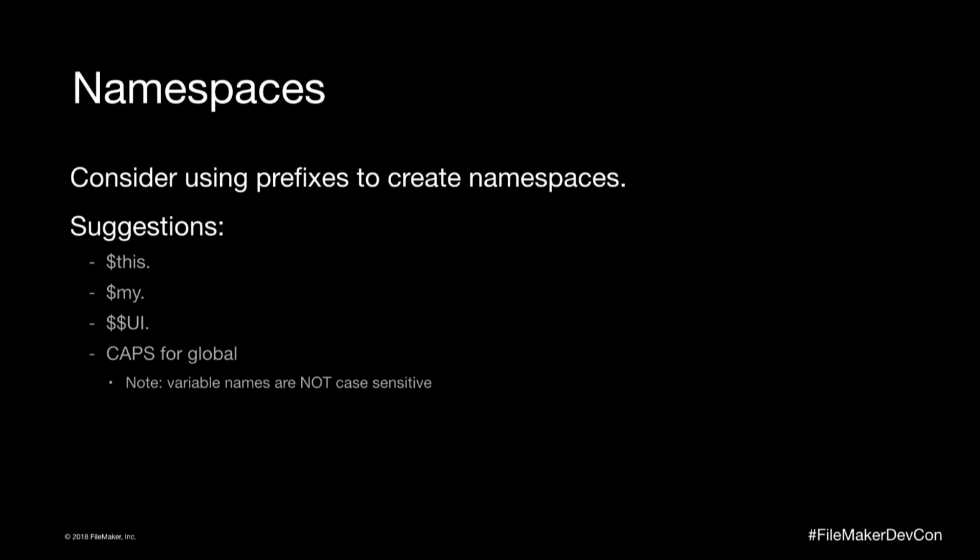Another standard that we have at Slant is anytime we use a global variable, we'll make it in all caps, just so visually we know, without having to look for the extra little $ sign, that it should be a global variable. It is an interesting note that variable names are not case sensitive, so you can't have an uppercase name and a lowercase name that are the same. Those occupy the same space.